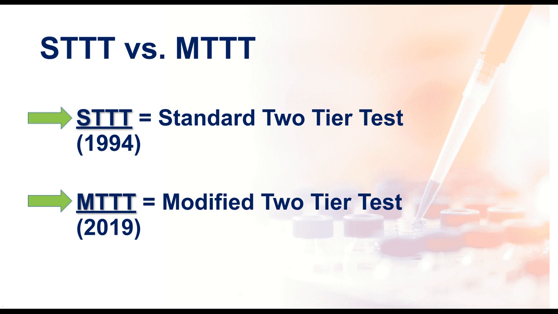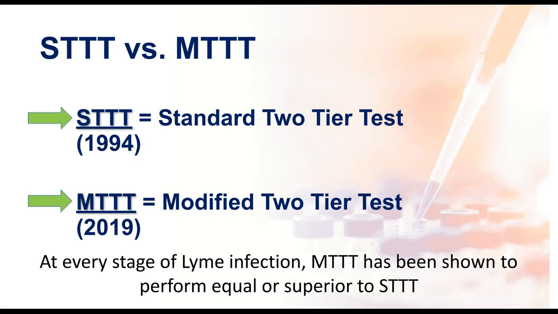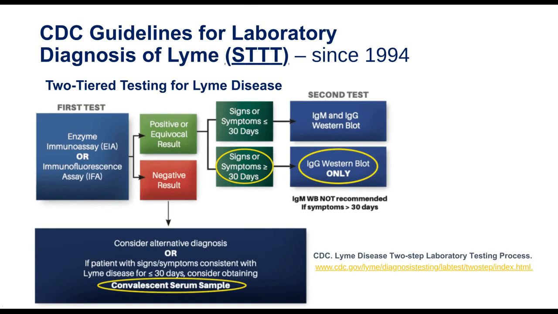Let's talk about that for a minute. The modified two-tier test has been shown in many validation studies to perform equal to or superior to the STTT with less confusion and no Western blot. That's its main advantage.